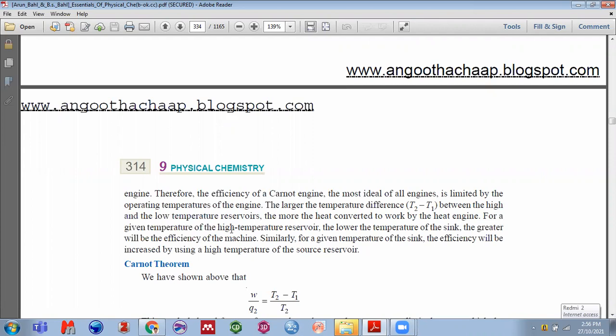For a given temperature of the high temperature reservoir, the lower the temperature of the sink, the greater will be the efficiency of the machine. Similarly, for a given temperature sink, the efficiency will be increased by using high temperature of the source reservoir.